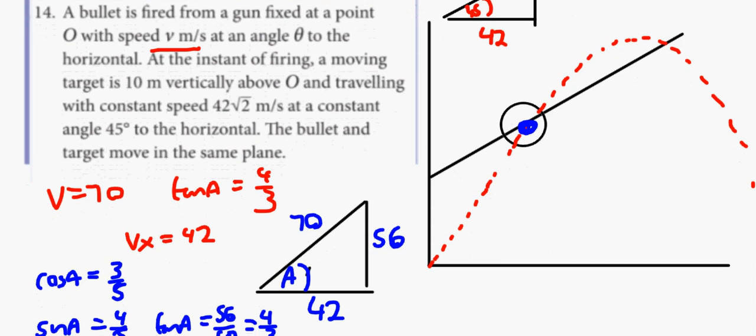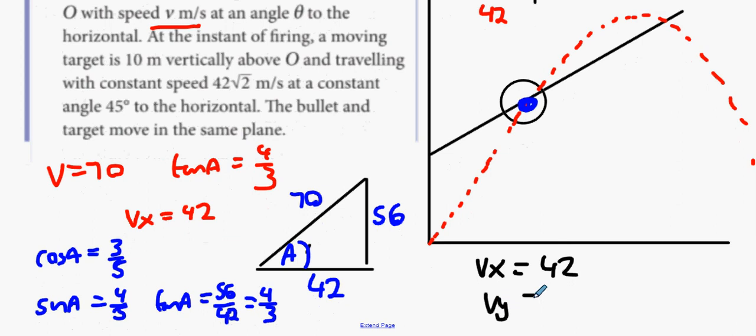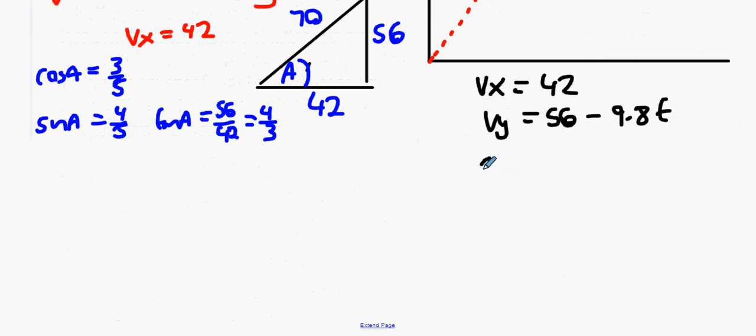Okay. Let's do what we always do. Set up our 4 equations. Vx equals 42. Vy equals 56 minus 9.8t. Sx, anybody? Sy?